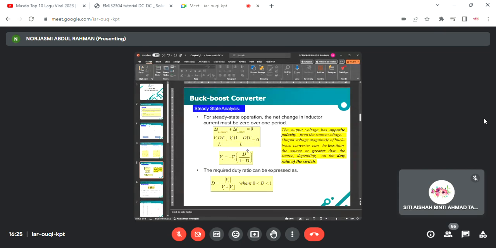Or if we change the duty cycle to 0.3, now it's going to be 0.3 divided by 1 minus 0.3, which is 0.7.